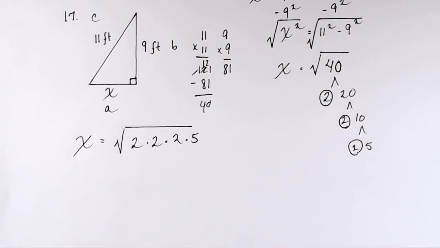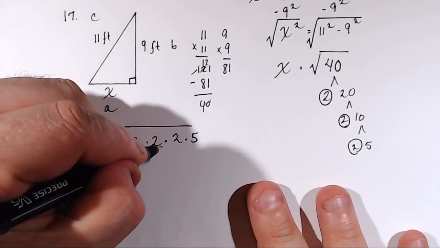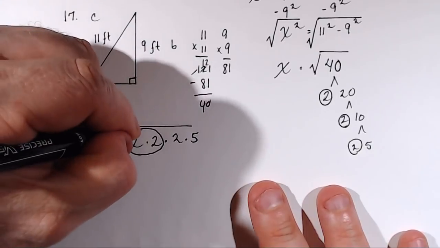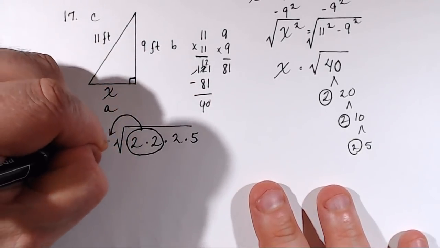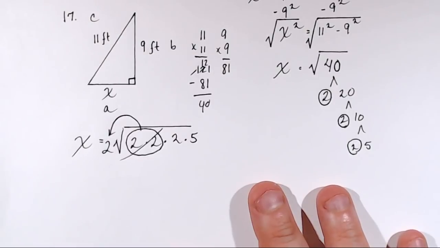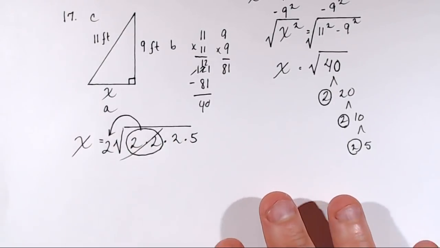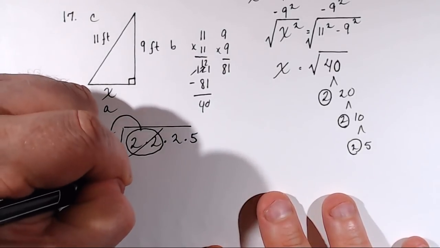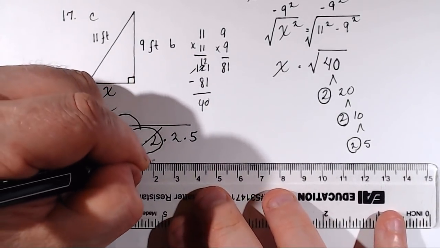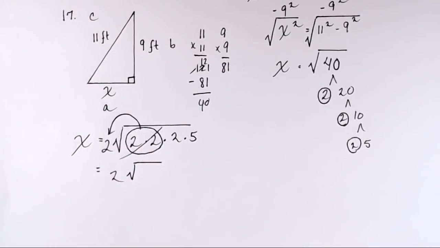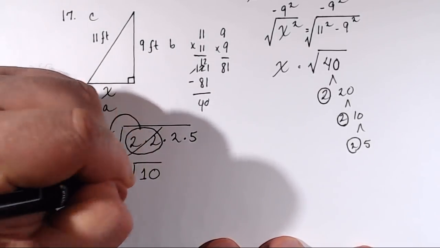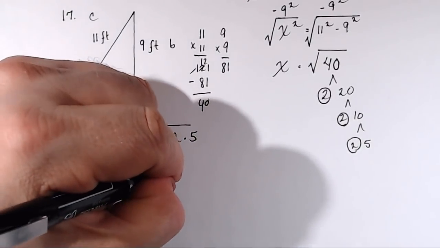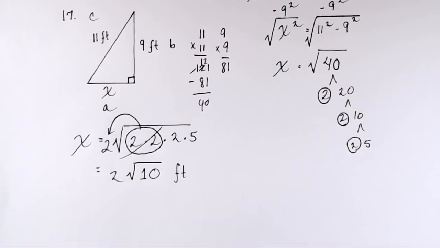Okay, and what I'm looking for is, when I see two 2's, I can pull out a 2, and then that cancels what's inside. So I don't see any other pairs. So now I rewrite this as 2 square root, then you just multiply 2 times 5. 2 times 5 is 10. So that's how you get to 2 square root 10 feet. That's the missing side.